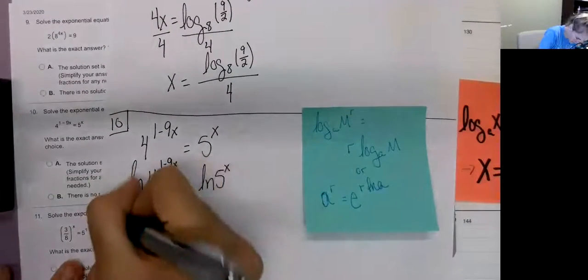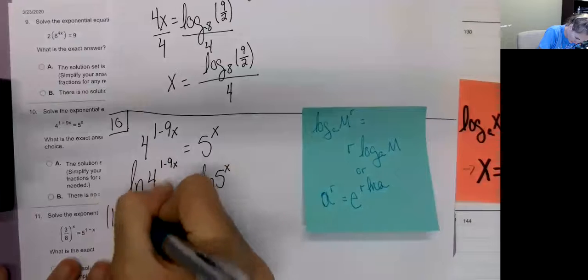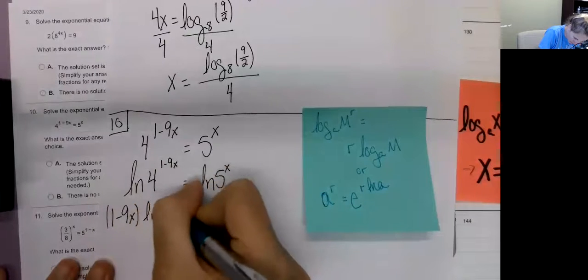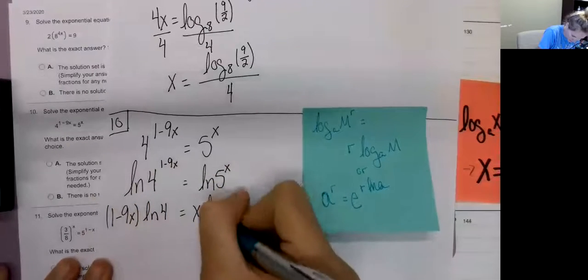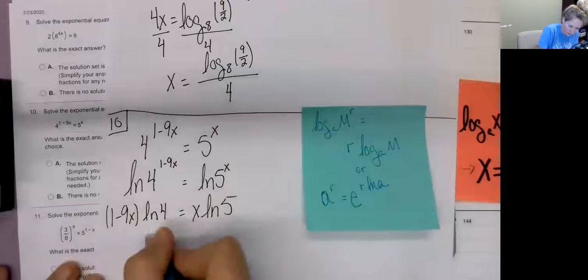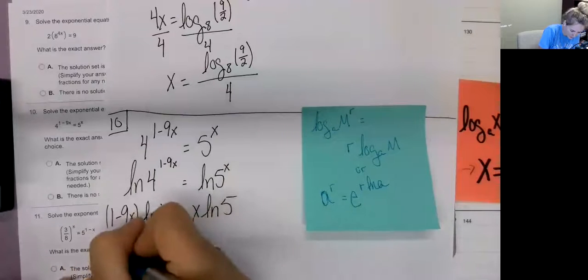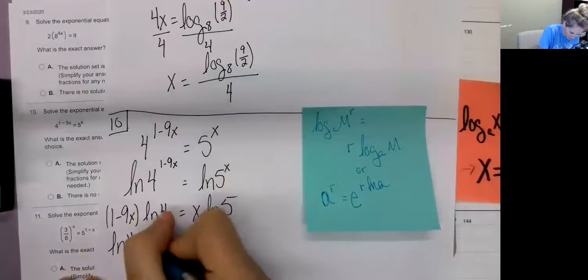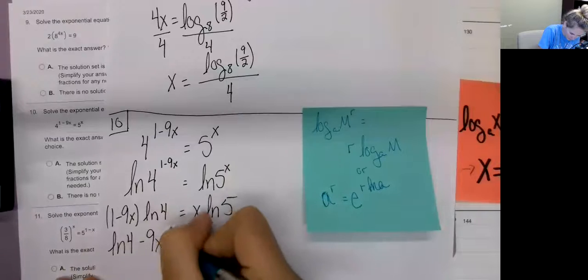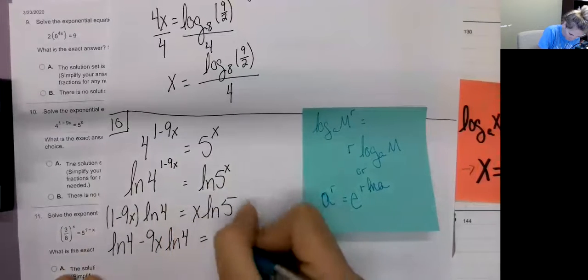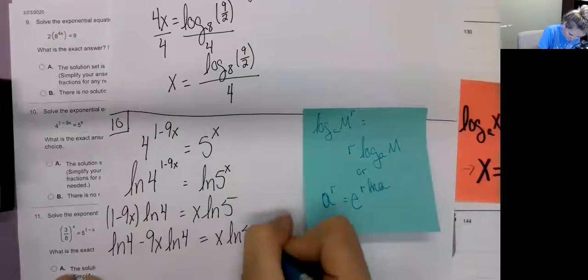So we have 1 subtract 9x times the natural log of 4 equals x natural log of 5. We're going to distribute here. So we'd have the natural log of 4 subtract 9x natural log of 4 equals x natural log of 5.